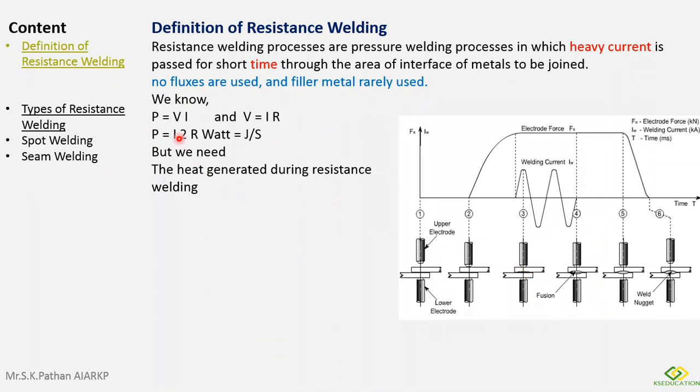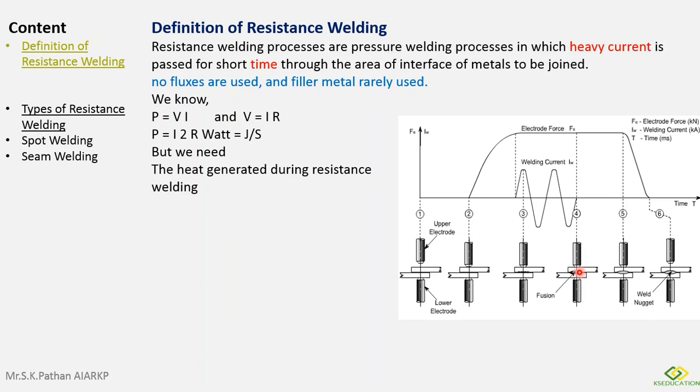As we increase the current or the resistance, this increases the heat at this point. As the heat increases, the metal softens at this junction, and because of pressure this weld nugget is formed.